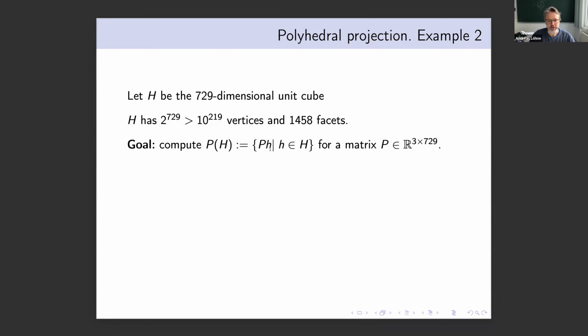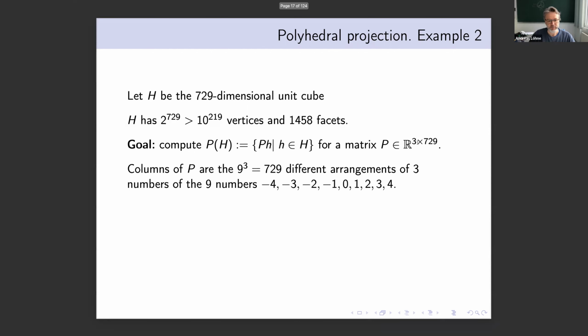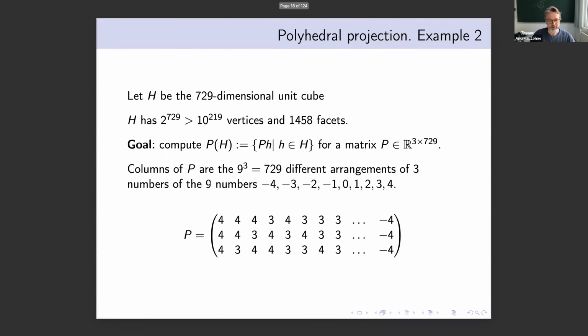Okay, this is our projection. Here's the hypercube. We want to define such a linear mapping by a corresponding matrix, and this matrix is defined in this way. We choose 9 integer numbers from -4 to 4, and we put all arrangements of these 9 numbers as columns in a matrix.